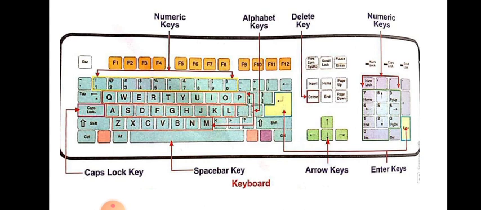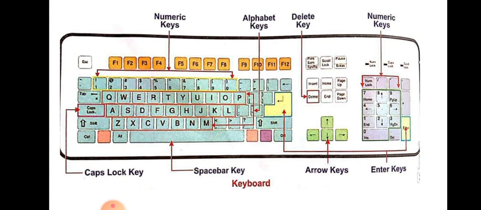Now the number keys that you have already studied, 0 to 9. The number keys are also present on the right side of the keyboard, and they are called the numeric keypad. The number keys are 10 in total, placed in order just above the letter keys. You can type age, roll number, house number by using the number keys.